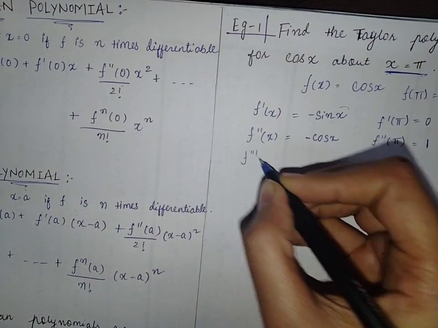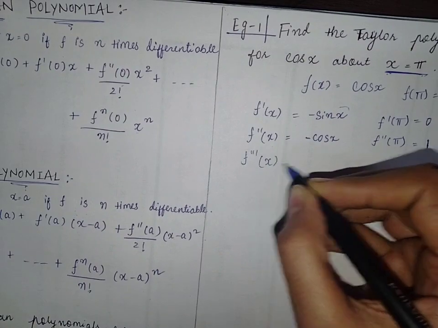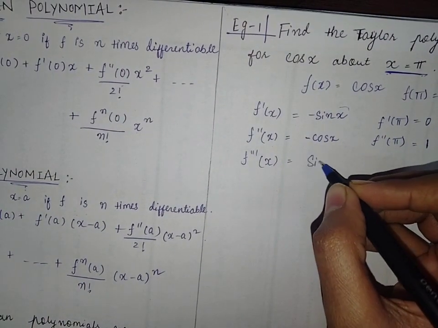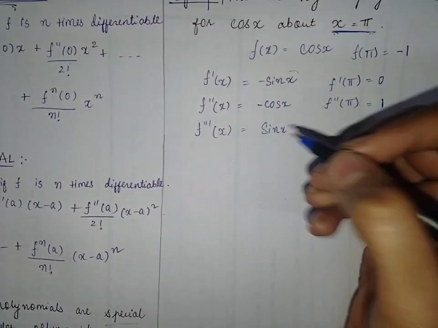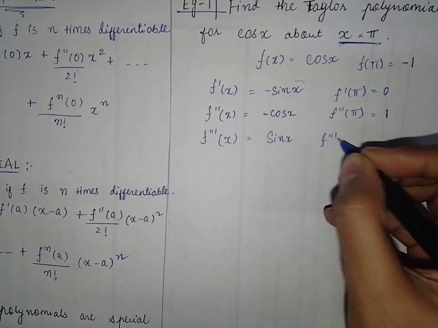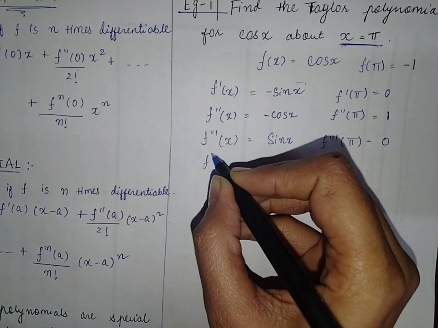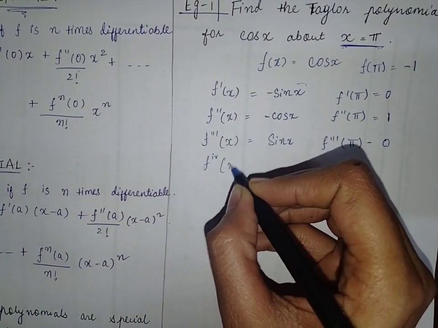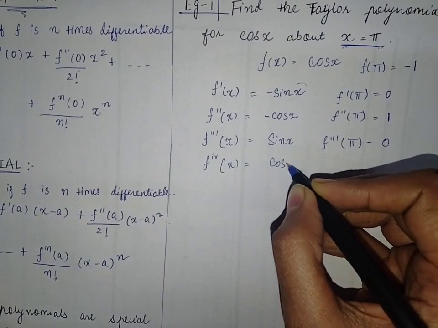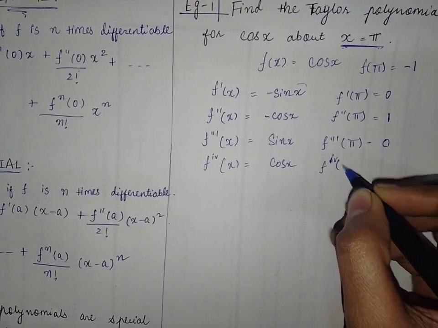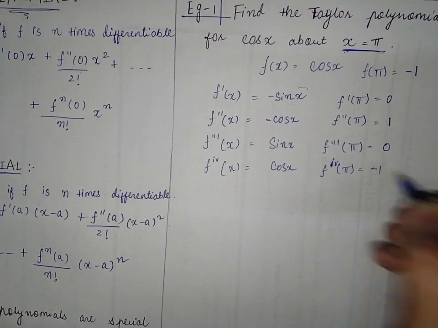We will find the third differential, that is differentiation of minus cos x will be sin x, and if we put the value pi then we will get 0, and differentiating the fourth time we will get cos x, and if we put the value pi here then we will get minus 1.